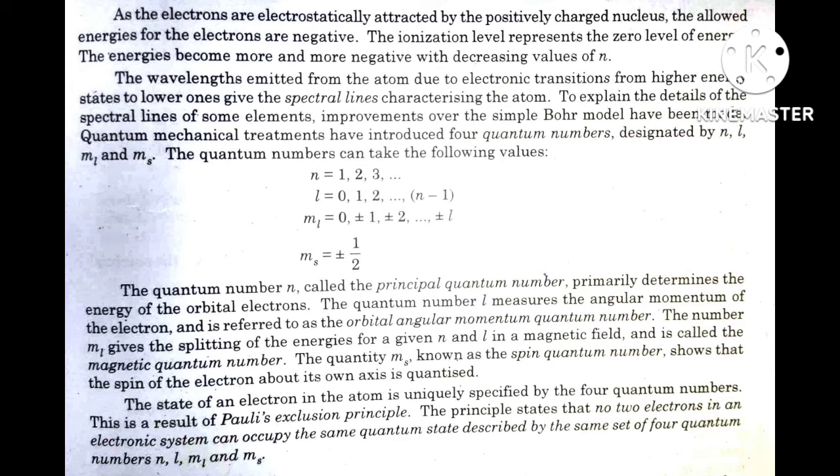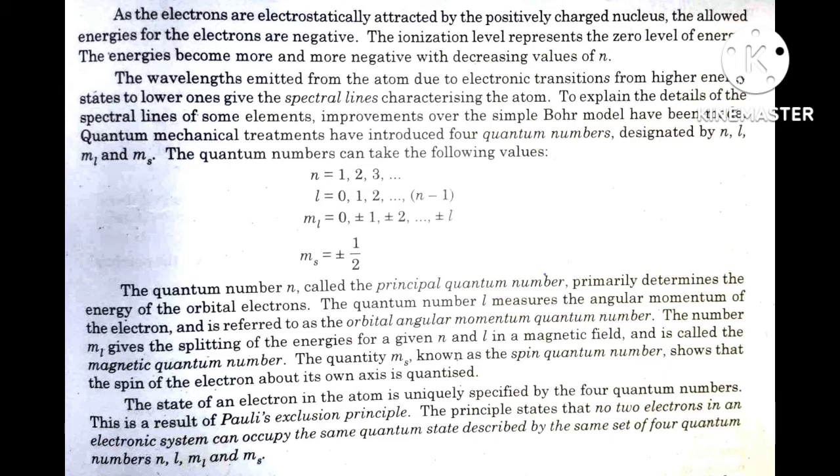The number ml gives the splitting of the energies for a given n and l in a magnetic field, and it's called the magnetic quantum number. The quantity ms, known as the spin quantum number, shows that the spin of the electron about its own axis is quantized. The state of an electron in the atom is uniquely specified by the 4 quantum numbers.